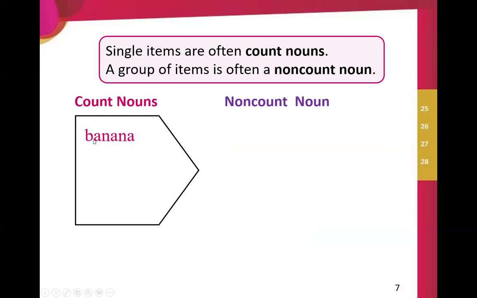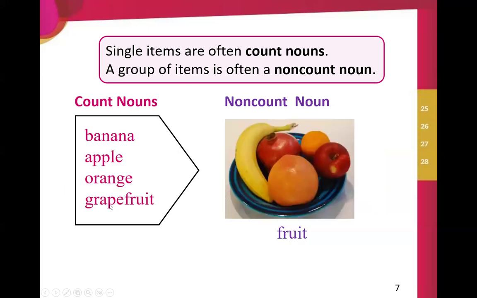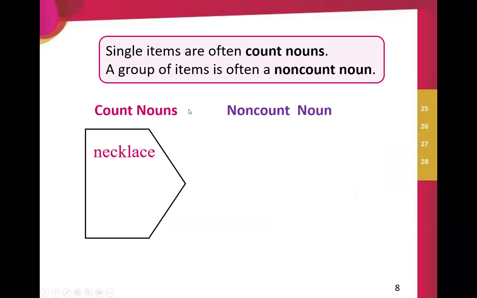Also, count nouns banana, apple, orange, grapefruit, but the non-count noun is fruit. Not fruits, fruit. This word refers to so many kinds of fruits. So this is an uncountable noun.